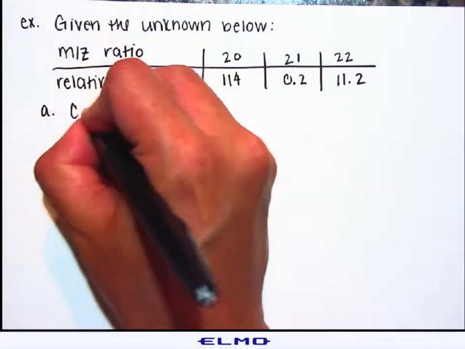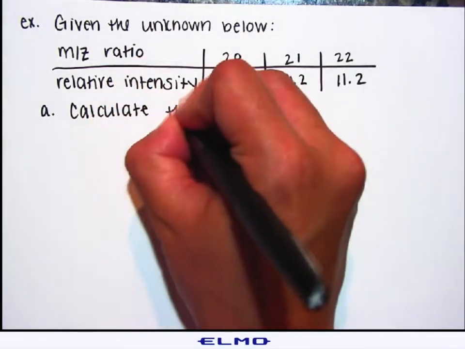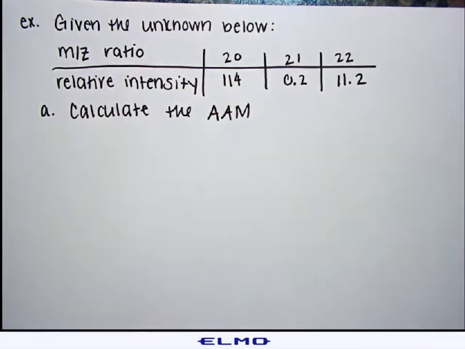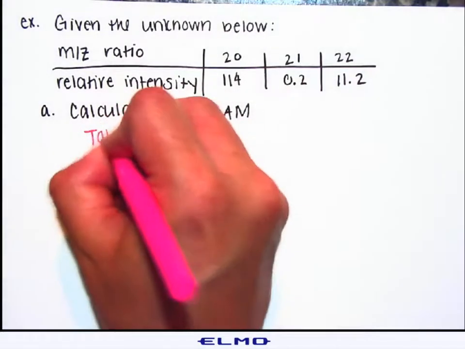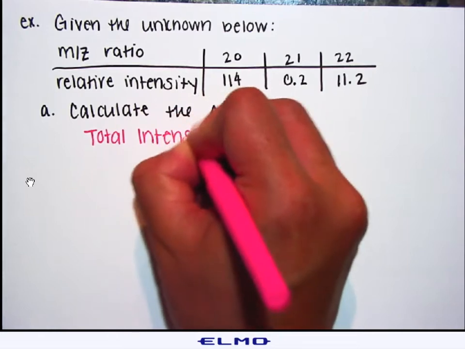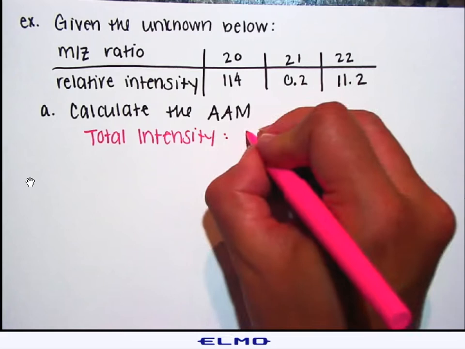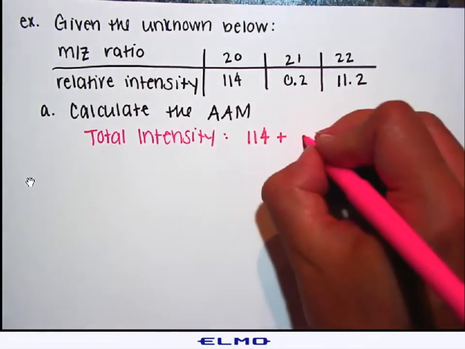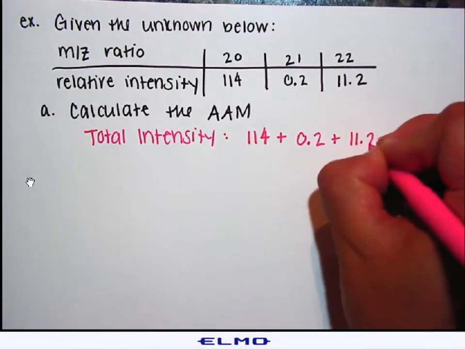But just to be sure, we are going to calculate the average atomic mass. So again, step 1 is we need to calculate the total intensity. And we do that by adding up all of our relative intensities.